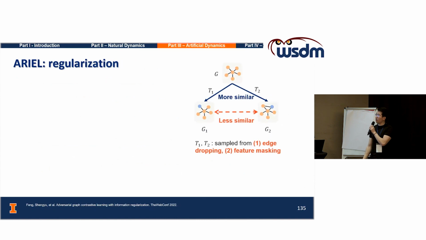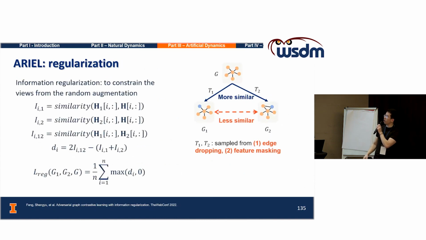Another novelty of this work is that it sets some regularization over the heuristic-based generated views, G1 and G2. We have such a regularization term because we do not expect the views generated by the heuristic method to be too similar.